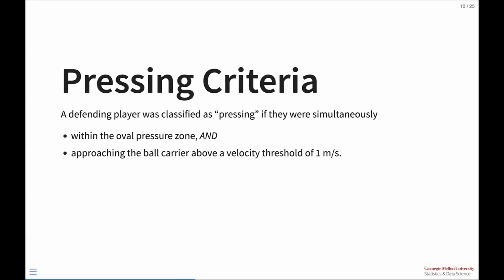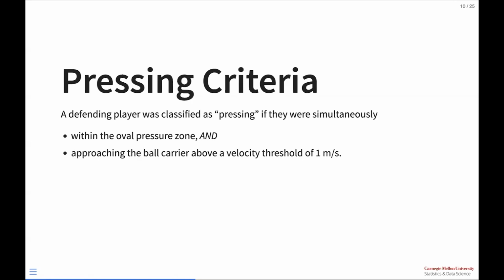After we defined the pressure zone, the only other criterion was that the defending player must be approaching the player with the ball at a speed of above 1 meter per second. The reason we did this is because we want to make sure that the defender is actively engaging in the press. We don't want a case where the defender finds himself within the pressure zone but isn't engaging.